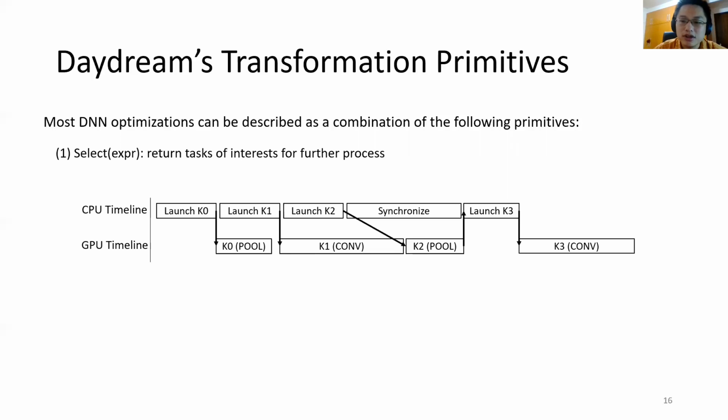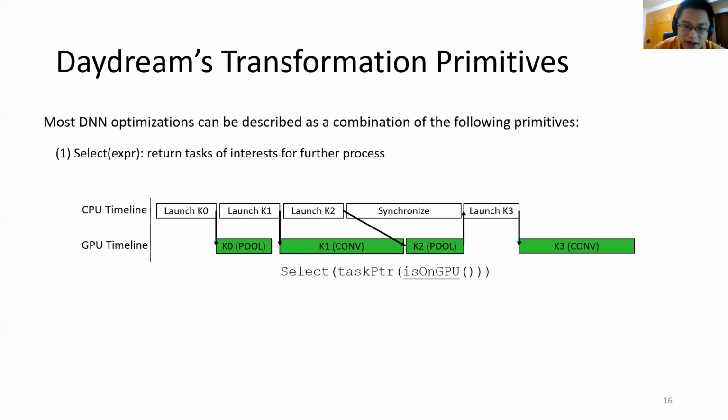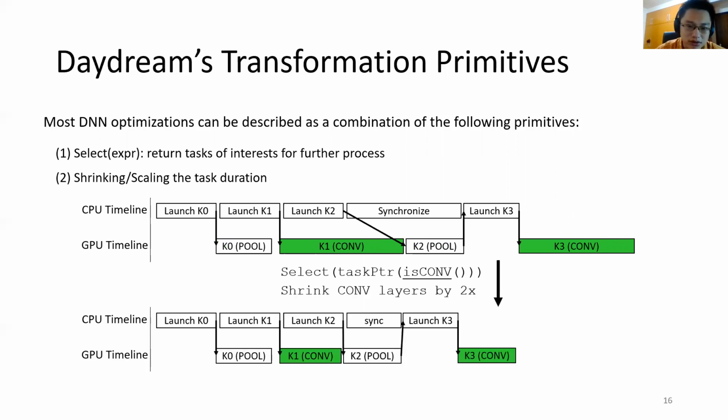For example, when we estimate the performance of reducing precision, the user can find the effective tasks by selecting all the GPU kernels. Or if a technique improves the convolutional layers, you can select all the GPU kernels that belong to the convolutional layers. And the second one is shrinking or scaling task duration. Say we shrink the duration of our convolutional layers by 2x, the timeline will look like this.